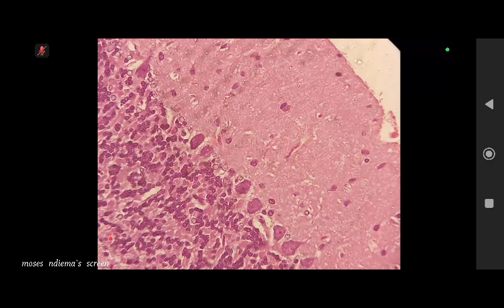Apart from this, arising from the pons and also from the cerebral cortex, we have fibers which are referred to as climbing fibers. The climbing fibers synapse with the Purkinje. Each Purkinje will synapse with one climbing fiber.